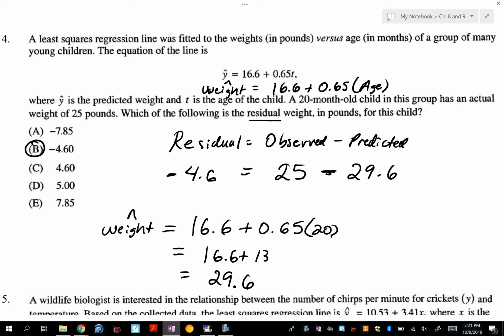If you look over the groups that missed number 4, you can see everyone picked C. And C is positive 4.6, so maybe you just switched the order. It's always observed minus predicted. Always. Commit it to memory. Pretty good?